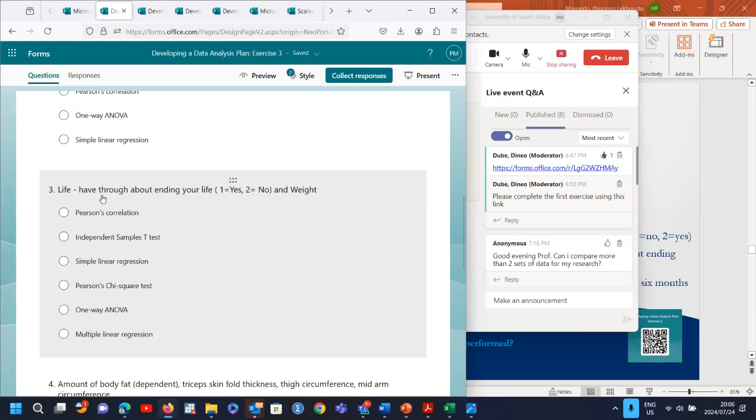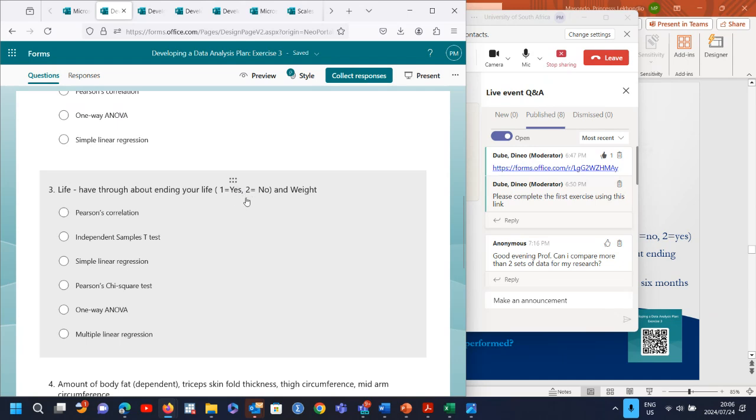Then there is life, which is a yes or no. It's a category, and weight. So we want to see life, which is, have you thought about ending your life? So if you've thought about committing suicide, do we find that there is a difference in the weight of those who've thought about committing suicide versus those who haven't? So it's two groups here.